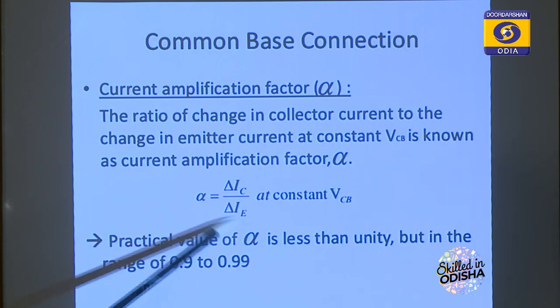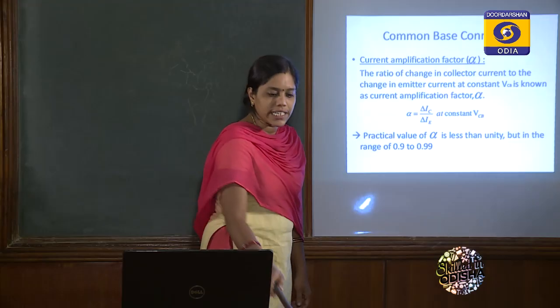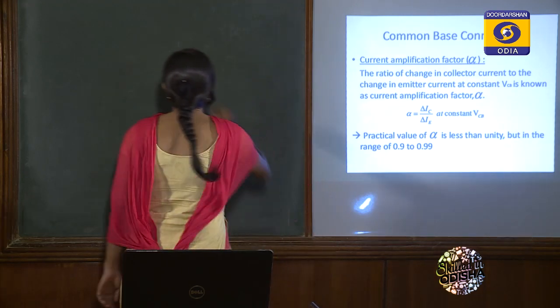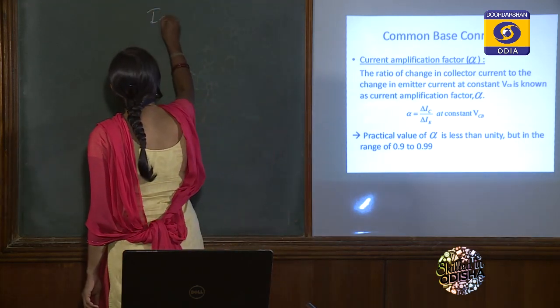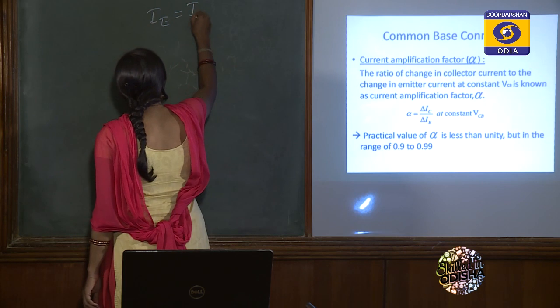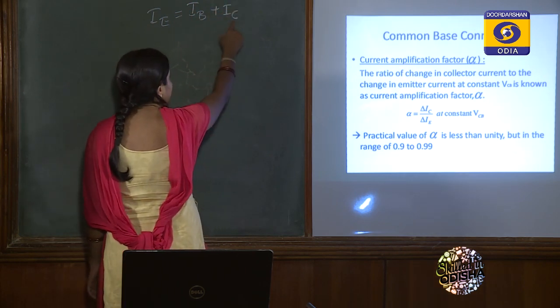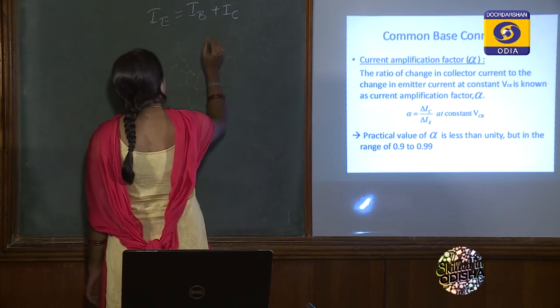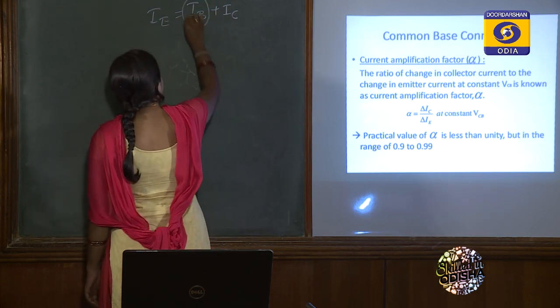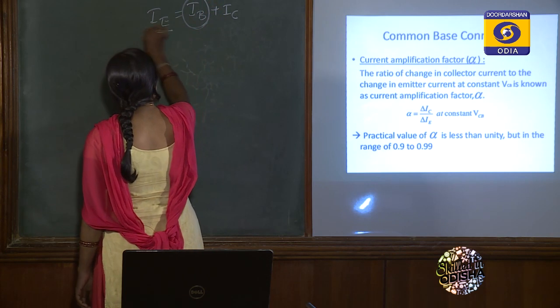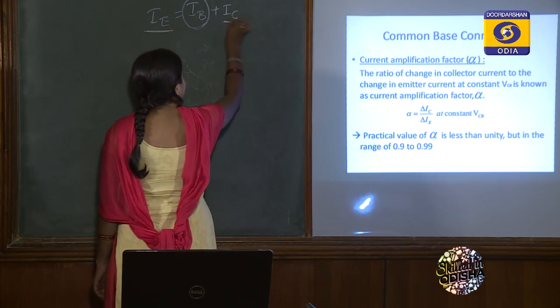And the value of alpha: in our transistor we know that IE, the emitter current, is equal to IB plus IC. IB is the base current, IC is the collector current. But base current is very small as compared to IE and IC.